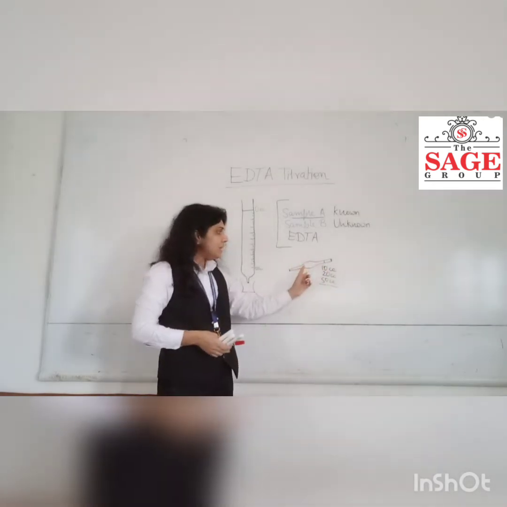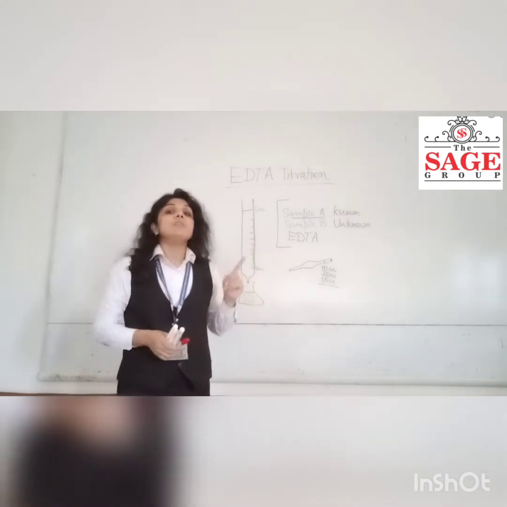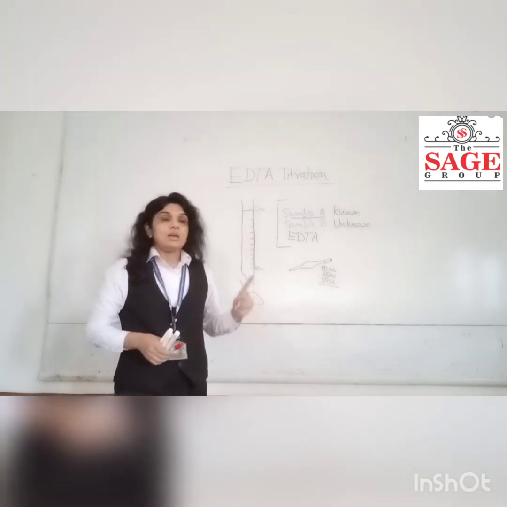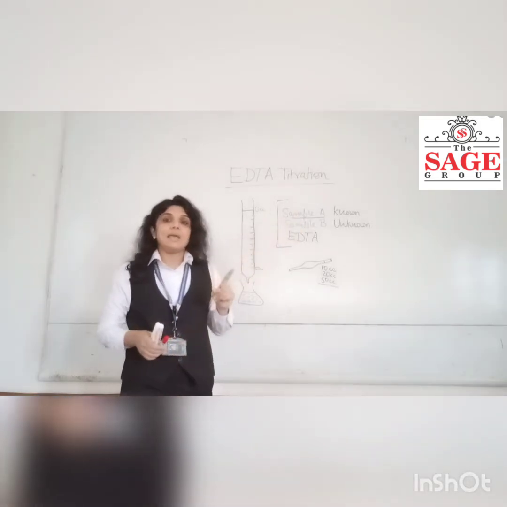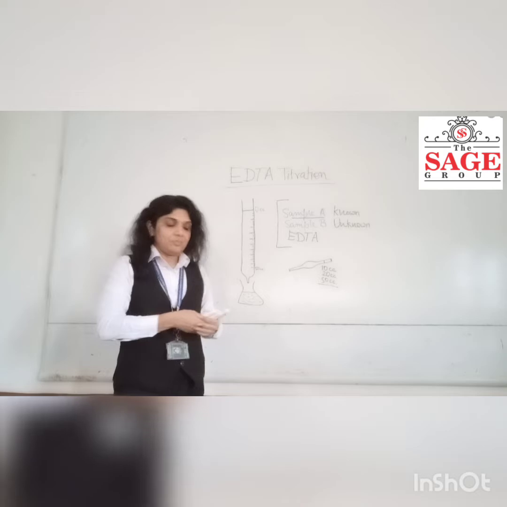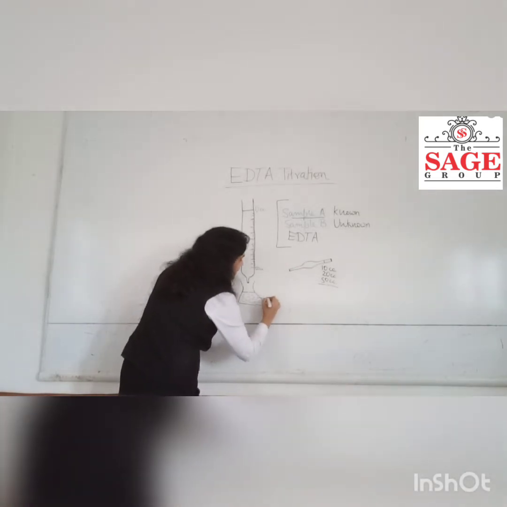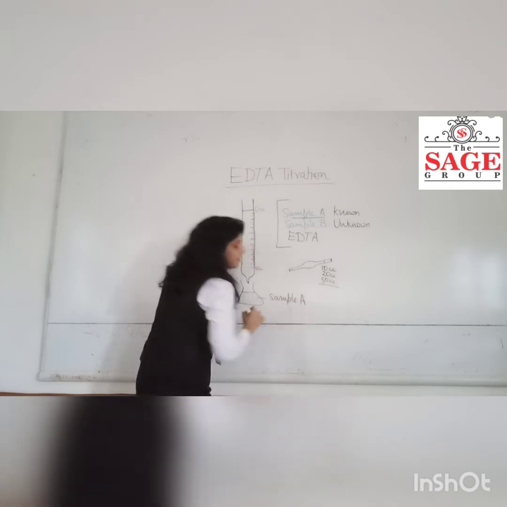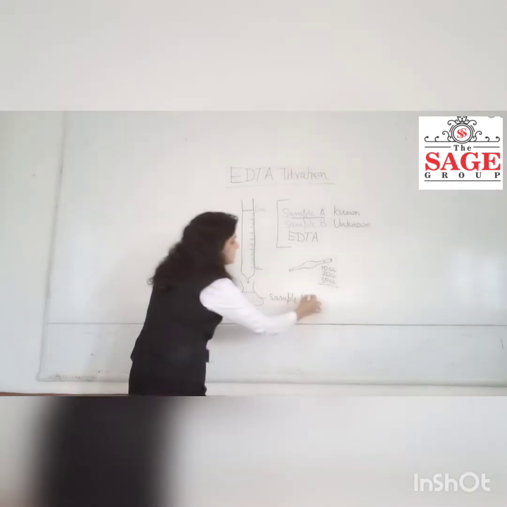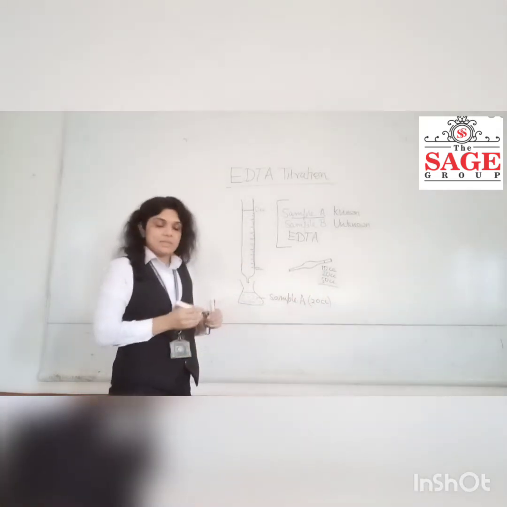First of all, we will be pipetting out sample A. So in this conical flask, with the help of this pipette, we will be pouring sample A. How much? A 20 cc capacity pipette is there, so 20 cc.